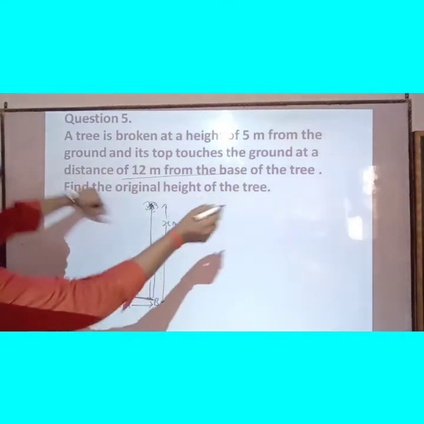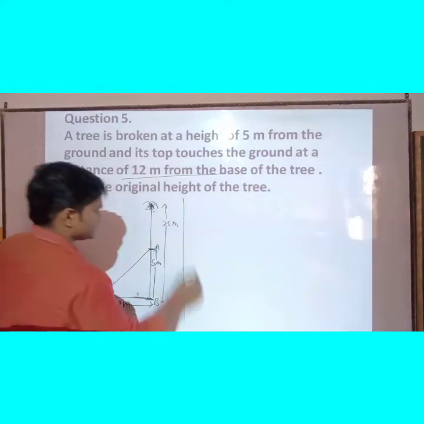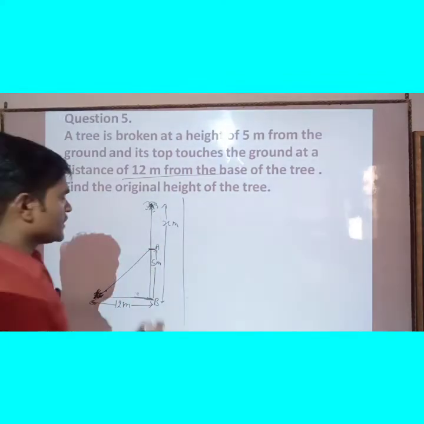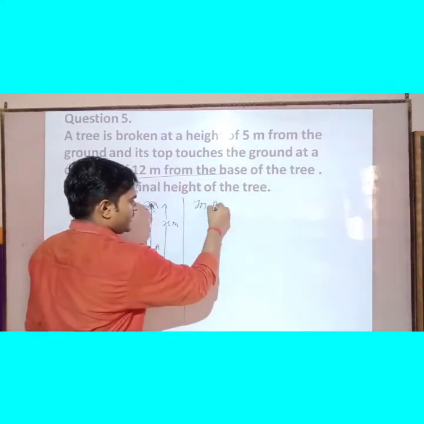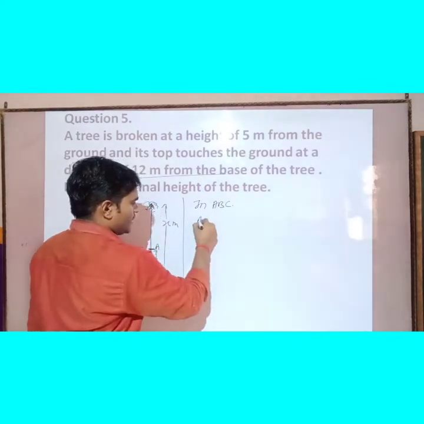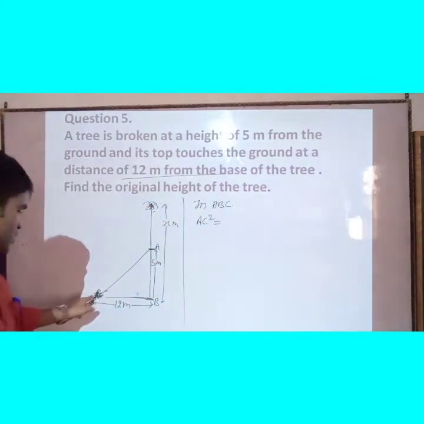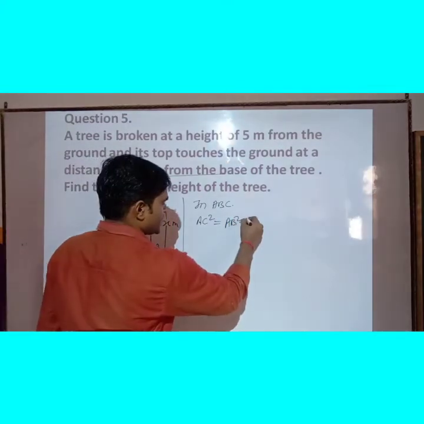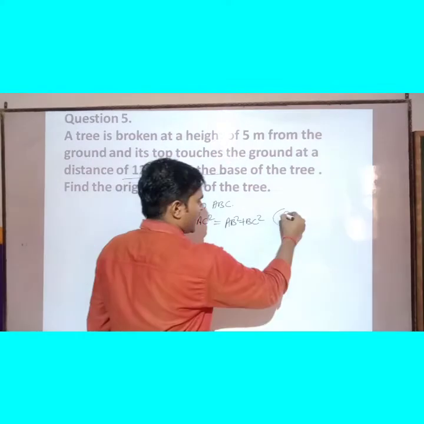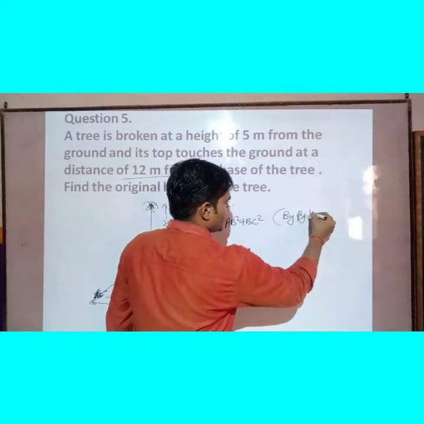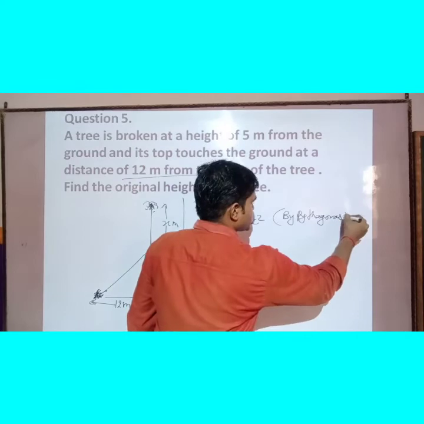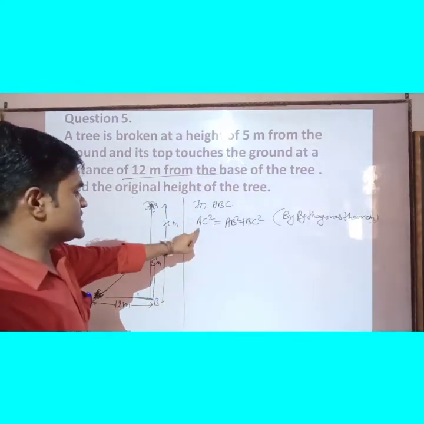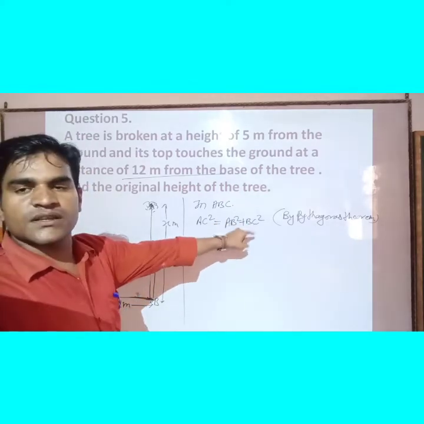Now, in triangle ABC, by Pythagoras theorem, AC square is equal to AB square plus BC square.